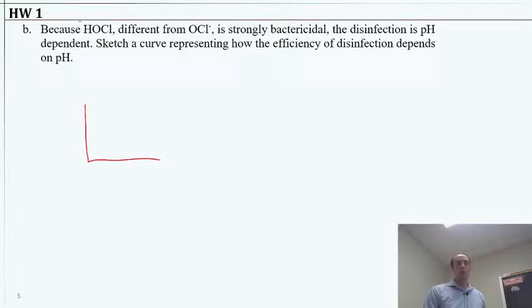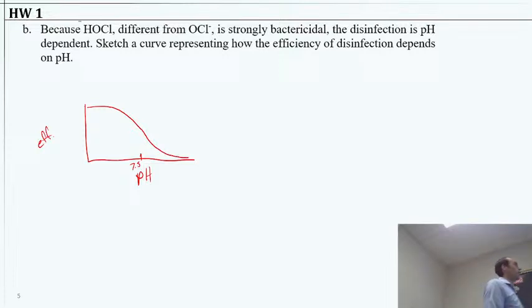So if we take pH versus some disinfection efficiency, at low pHs, it's pretty efficient, and then somewhere around 7.5, it's going to be dropping to something like half. So it'll kind of look like an inverse of the thing. So something like that is what I would be looking for.